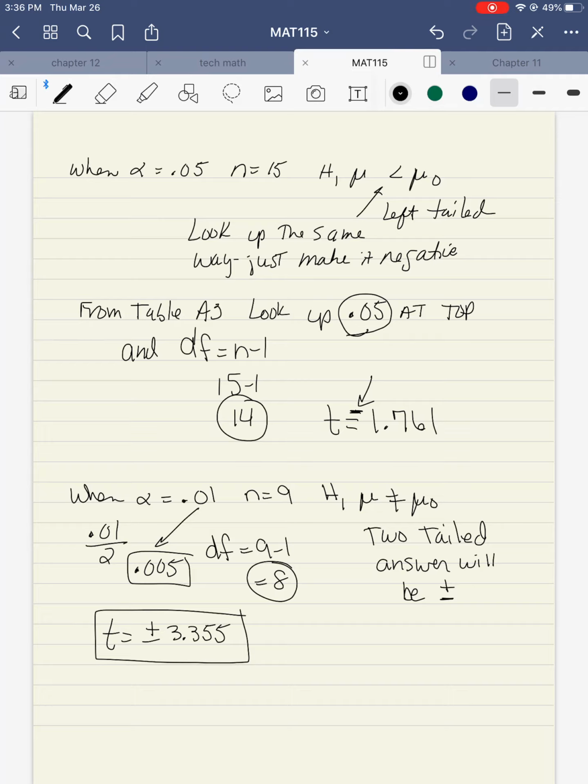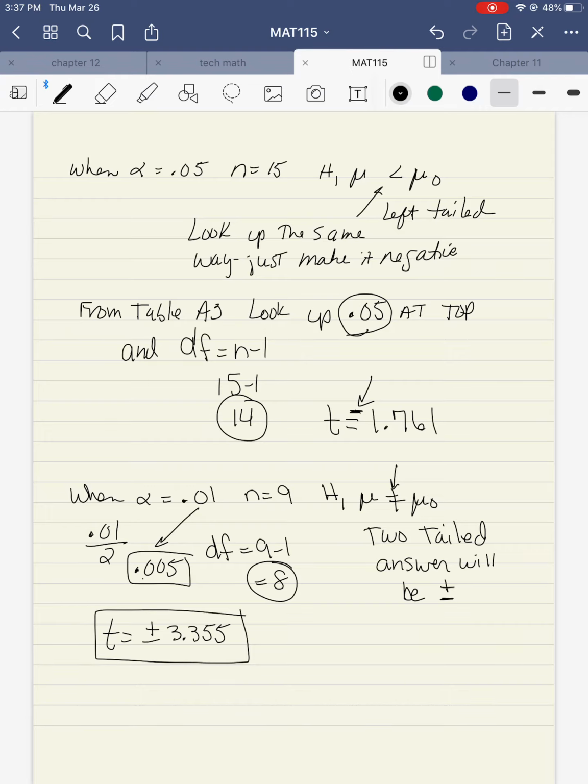When alpha is 0.01 and n is 9, now I'm looking up a two-tailed test because I have a does not equal. The first thing I need to do is take the level of significance and divide it by 2. So 0.01 divided by 2 is 0.005. You don't have to do this for the greater than or the less than. You only have to do it for the not equal. Still have to calculate the degrees of freedom. 9 minus 1 is 8.